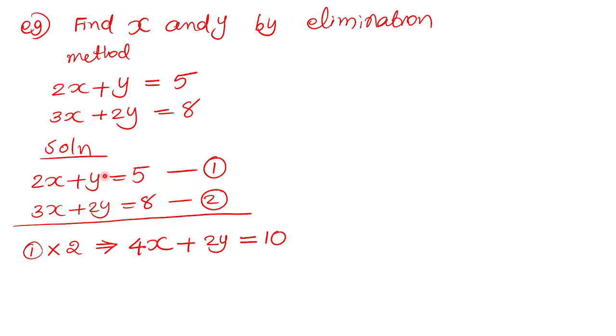So what I have done is, in the given equation, the left side and right side are multiplied with 2. That does not affect the equation. 4x plus 2y equal to 10. You can give the same name or a different name, no problem. This is the modified equation number 1.